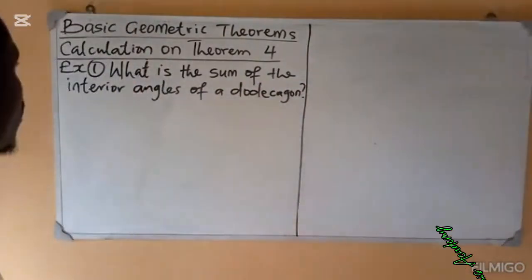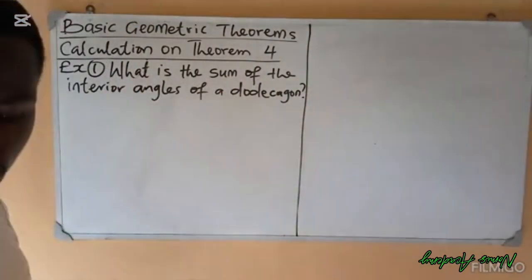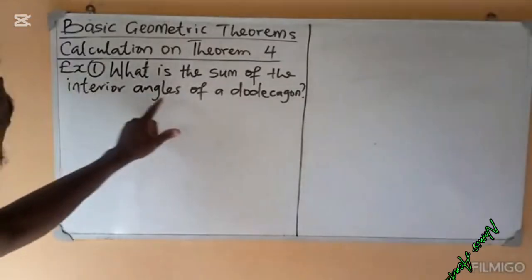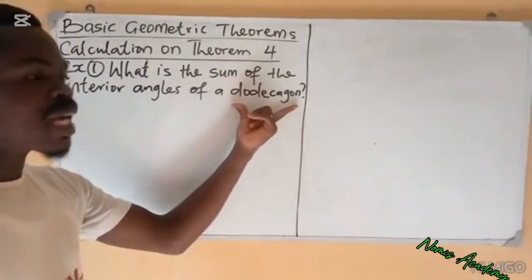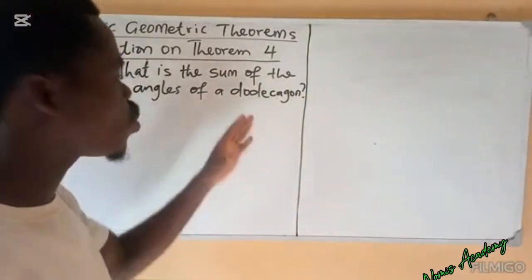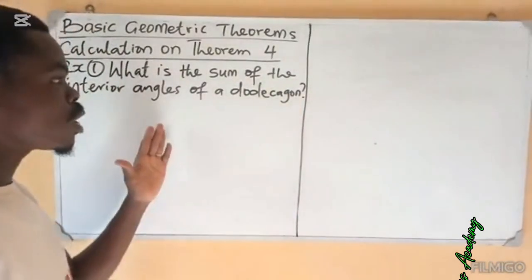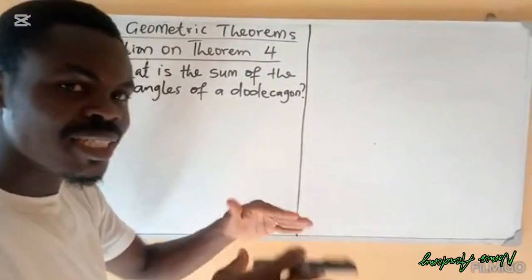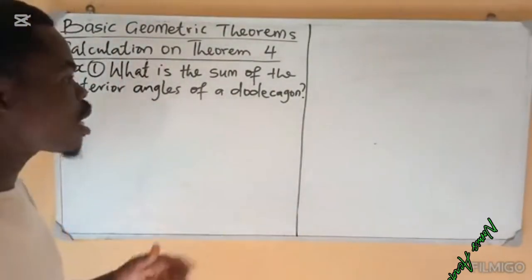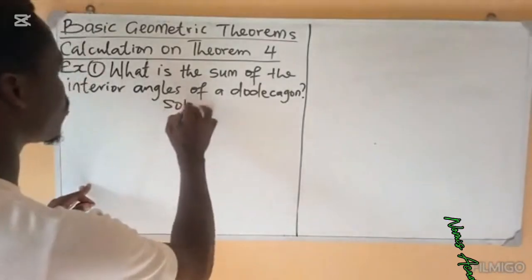Okay, the question says, what is the sum of the interior angles of a dodecagon? Now, a dodecagon is a polygon with 12 sides. Now, the question is requiring we find the sum of the interior angles. So let's do that.